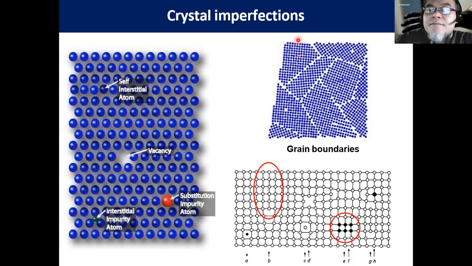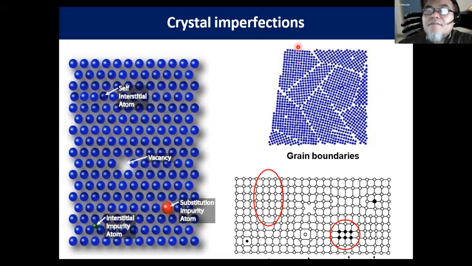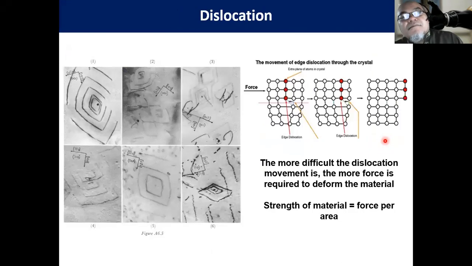Imperfections do not always mean bad. Many times imperfections are needed. That is also why during the processing we need to control the imperfection type and how many of these imperfections should occur. Okay, sir. Thank you.